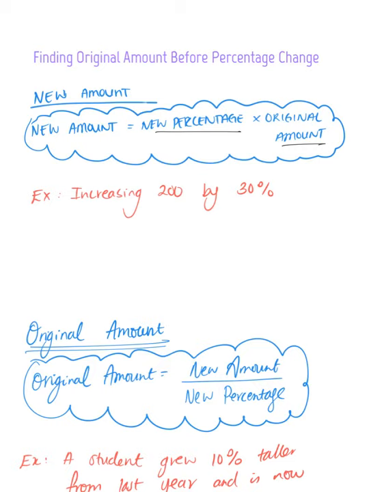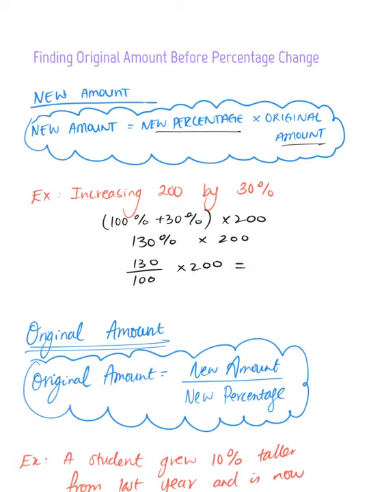So the new percentage is 100% plus 30%. And we are multiplying this by the original amount, which is 200. So 100 plus 30 is 130%, and we're multiplying this by 200. Again, 130% can be rewritten as 130 over 100 times by 200, and that gives us 260.